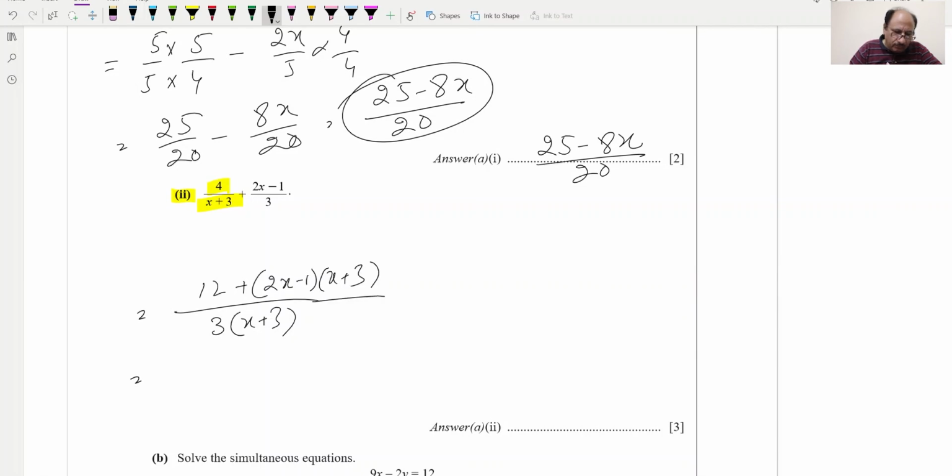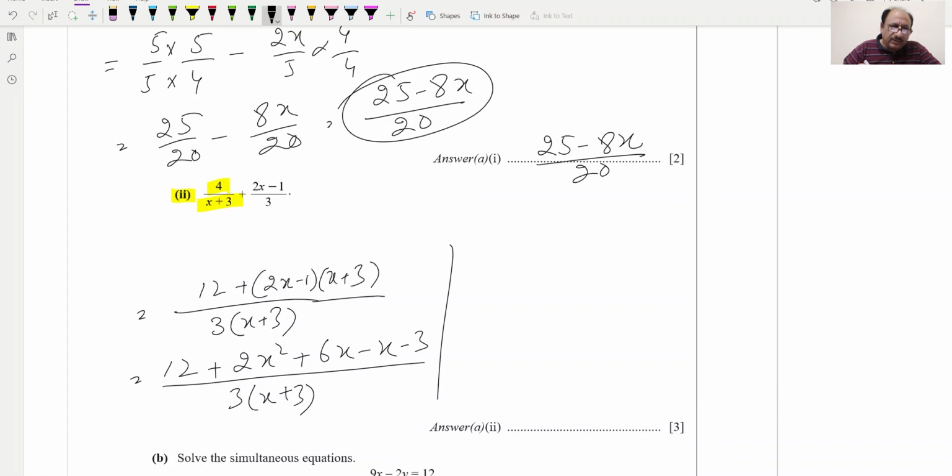Now we can open the brackets, so it will be 12 plus 2x into x will be 2x squared, 2x times plus 3 will be plus 6x, and minus 1 into x will be minus x, minus 1 into 3 will be minus 3, divided by 3 into x plus 3.